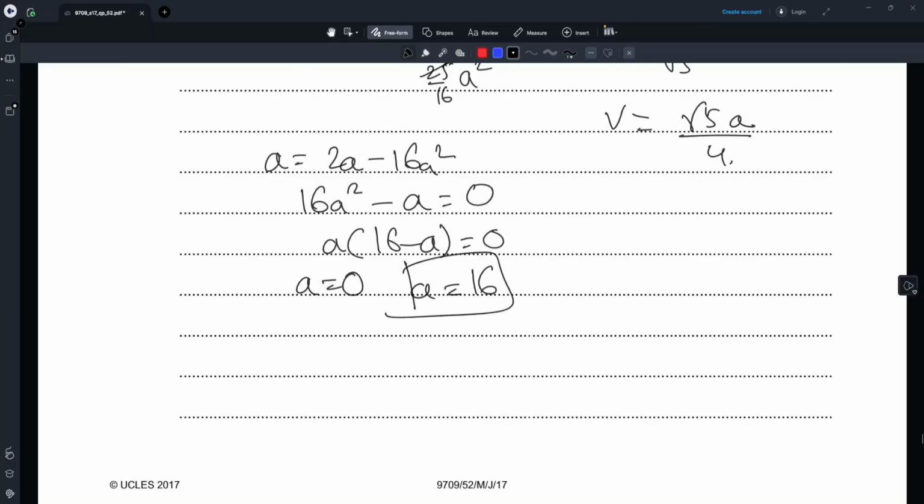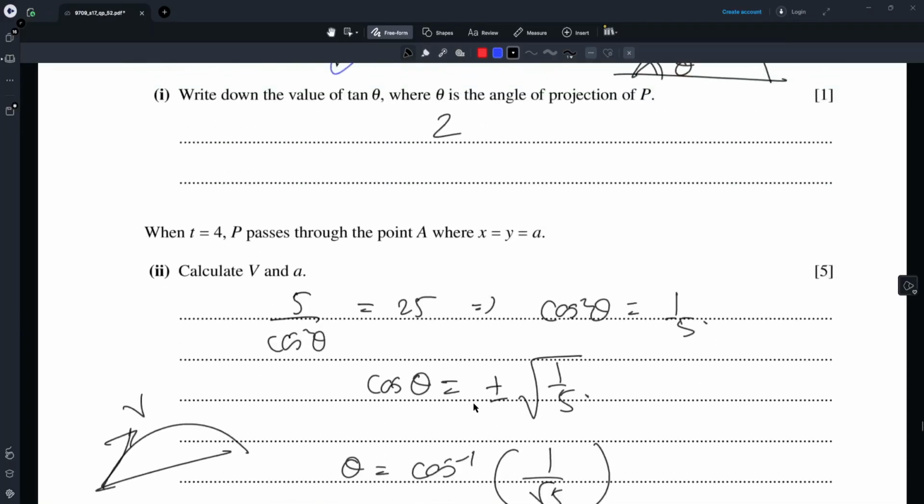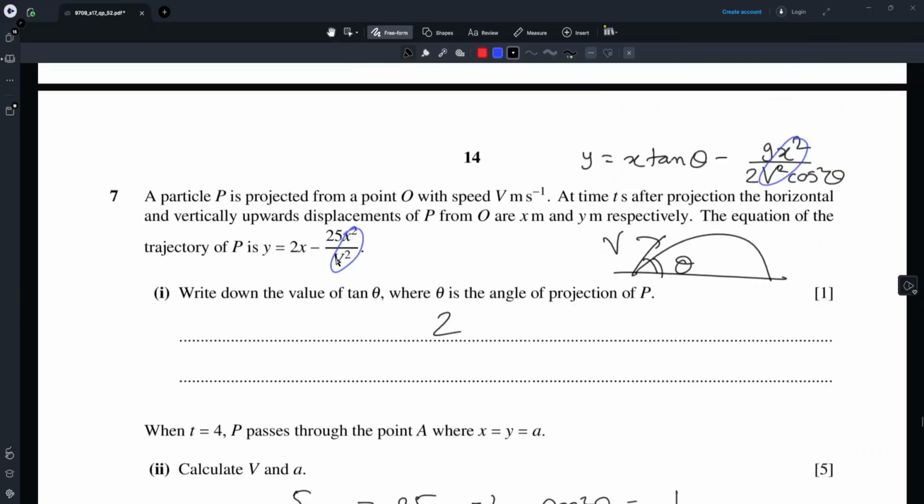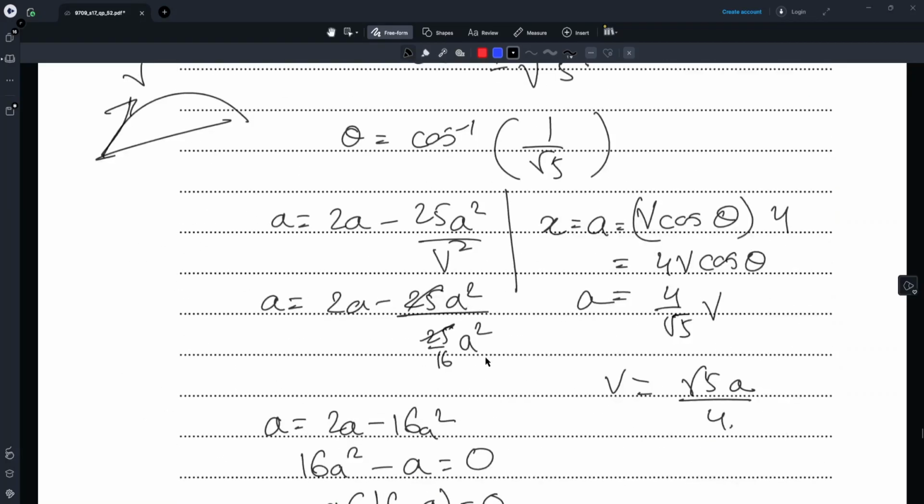And then for B, I have 4 root 5. Let me check because I'm skeptical. Wow, okay, actually it's not 4 root 5, it's something a bit different.